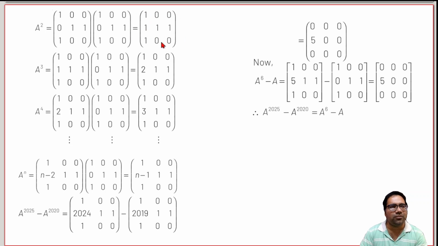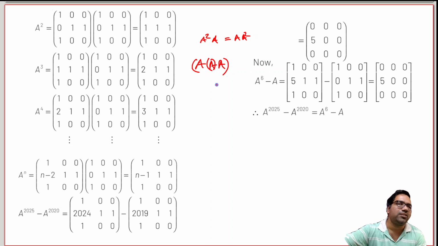Now, A cubed is nothing but A squared into A. We can do A squared into A or A into A squared, it doesn't matter, as it is ultimately A into A into A. Whether you do this first or this first, it is still the same, as long as we are not changing the order in matrix multiplication.